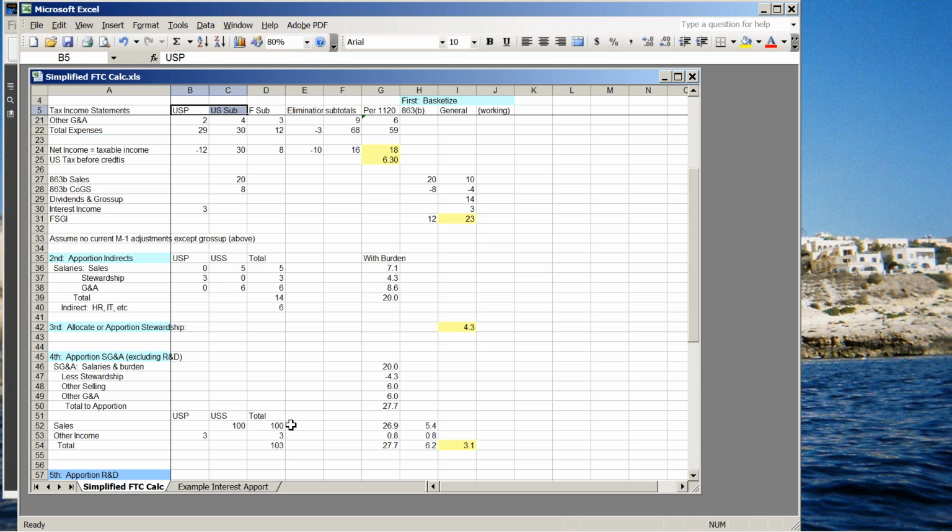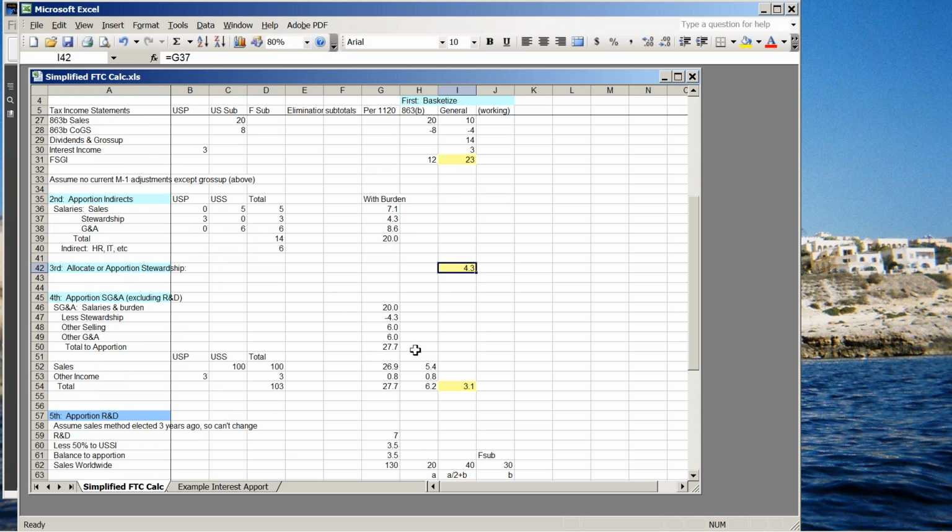So the only subsidiary that we have is the foreign subsidiary. So all of this stewardship expenses, including the portion of overheads, gets allocated directly to foreign source general basket income. As you'll see later, that kind of hurts.